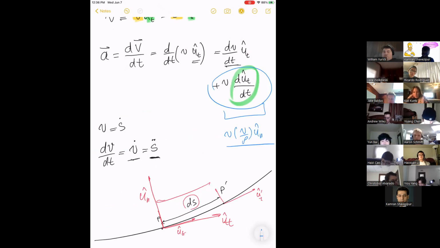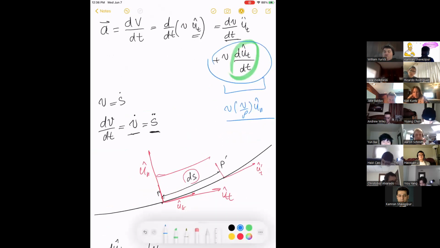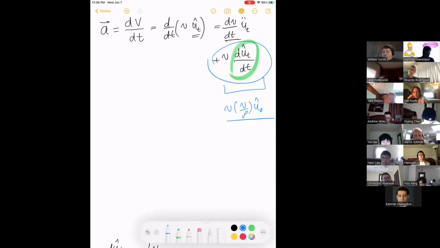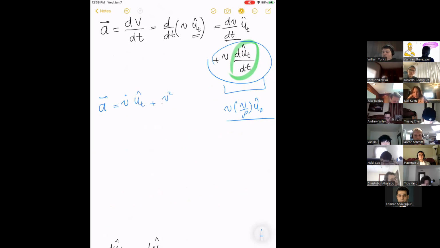And if I rewrite it, let me just clean this part. If I write the overall equation, A as a vector, is going to be v dot ut plus v squared over rho un. And you can also write this as s double dot. So this is your acceleration, right?